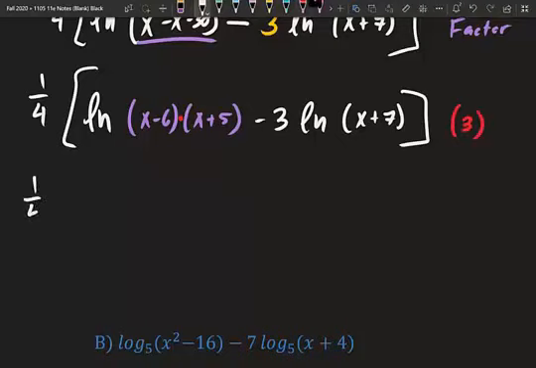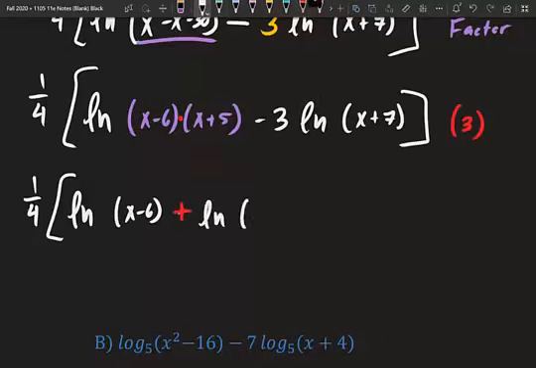So we have 1/4 ln x minus 6 plus ln x plus 5 minus 3 ln x plus 7.